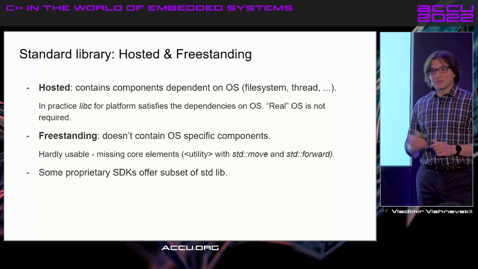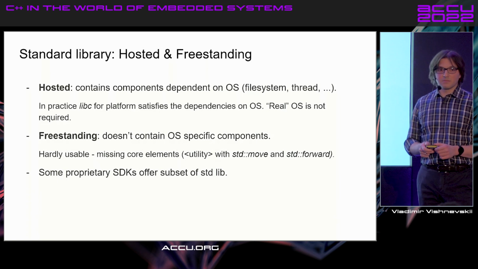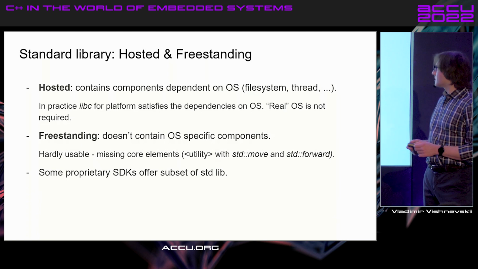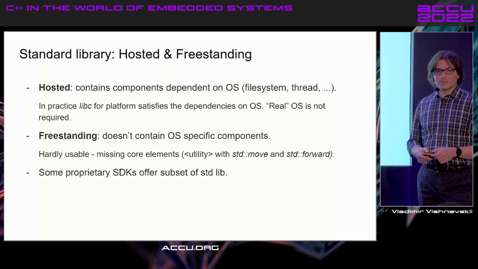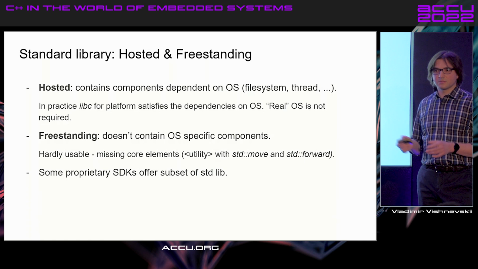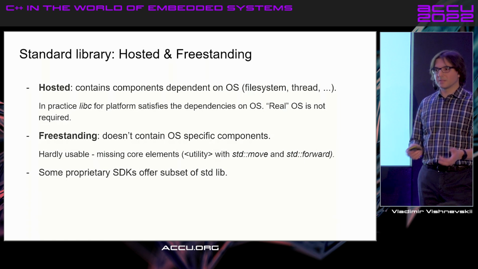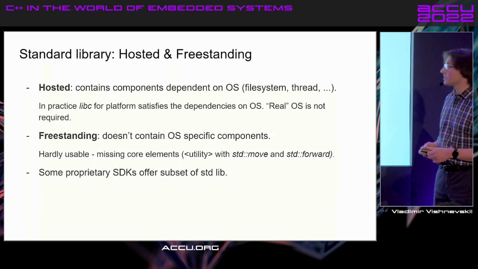Really hardly usable. No algorithms, no containers. Utility is not there, so move and std::forward are not there. There are no facilities to support some fundamental language features, such as move semantics, for example. So this is not nice.